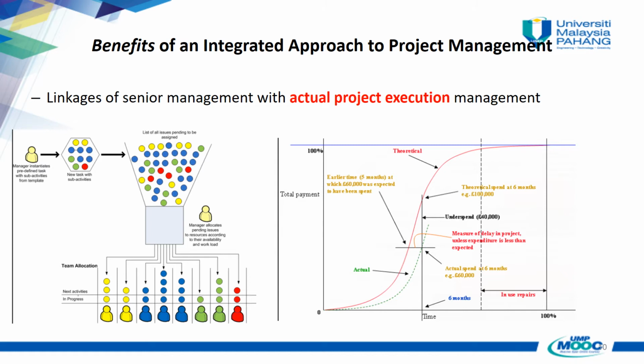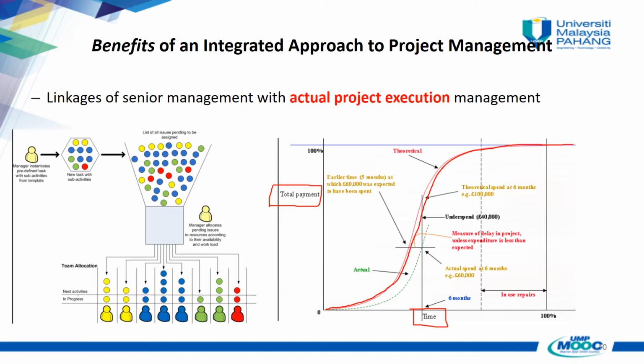In summary, let's see, if we have a total payment versus time graph here. This is the actual, this is the theory, the theoretical use of our payment and also time.